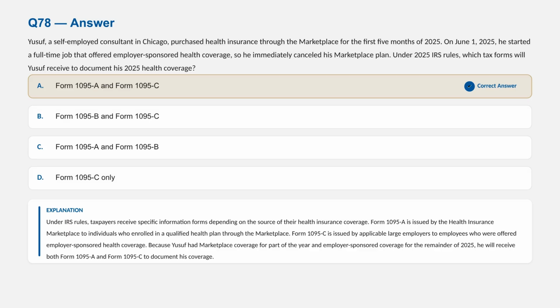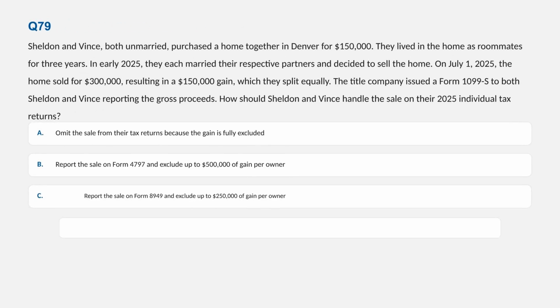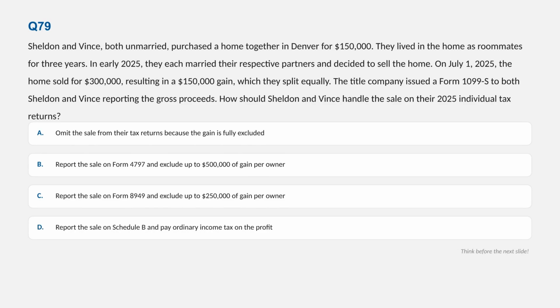Great. Now let's move to our next question. Alright, let's move to question 79. Sheldon and Vince, both unmarried, purchased a home together in Denver for $150,000. They lived in the home as roommates for 3 years. In early 2025, they each married their respective partners and decided to sell the home.